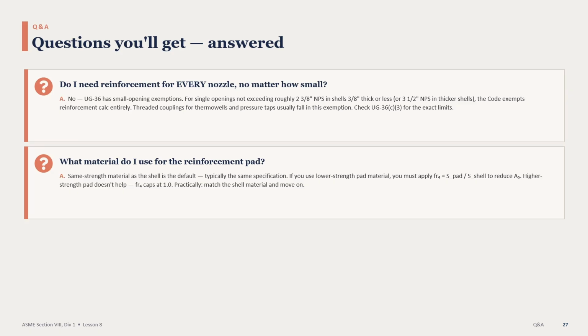Question 2. What material do I use for the reinforcement pad? Same strength material as the shell is the default. Typically the same material specification. If you use a lower strength pad material, you must apply FR4, which equals pad allowable stress divided by shell allowable stress, to reduce A5.